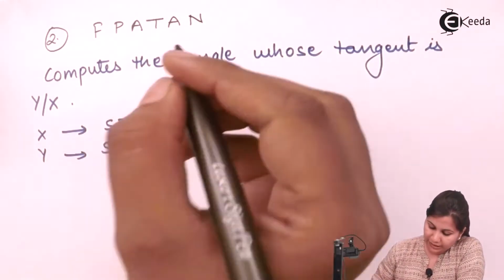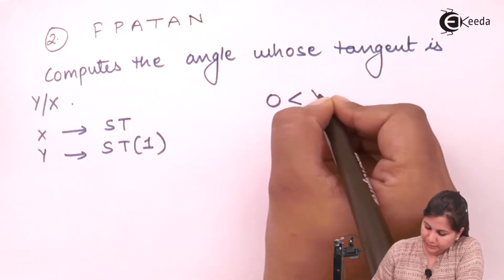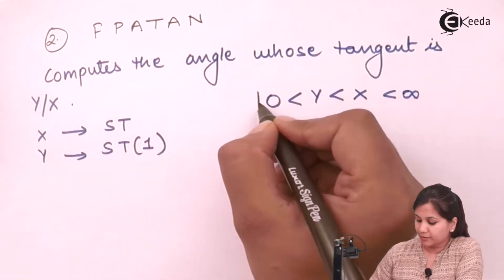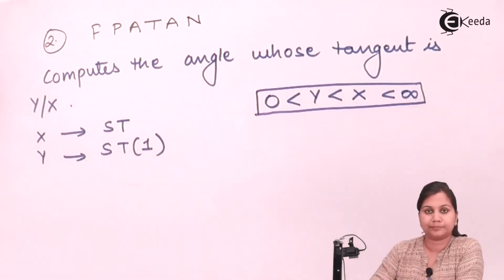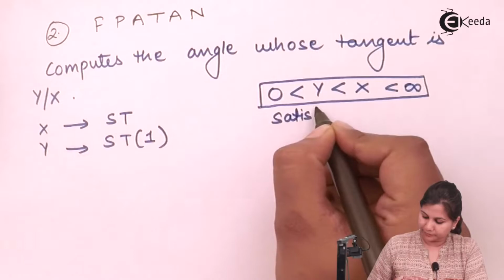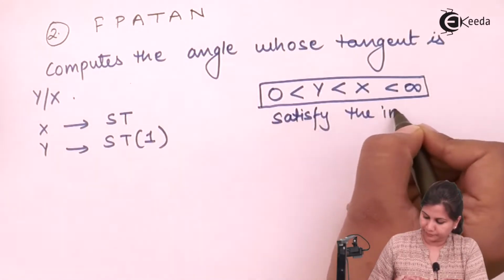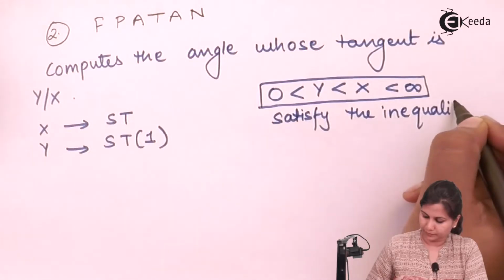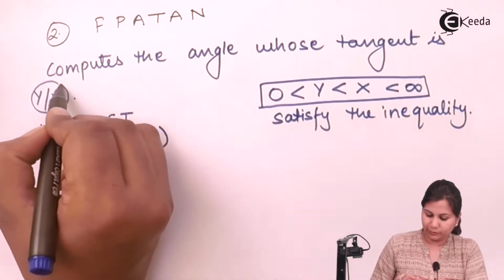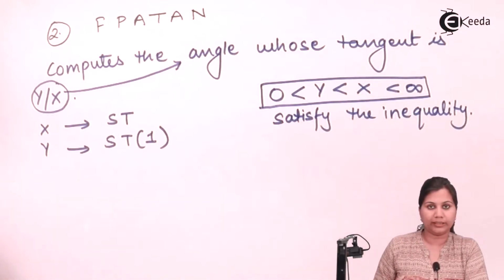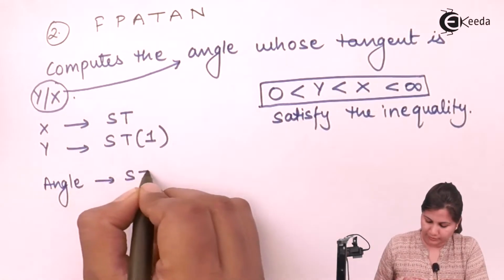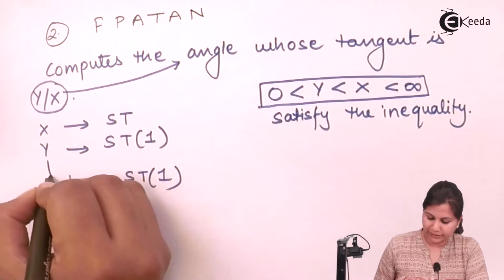Now x and y must also satisfy this inequality. When this ratio y by x is calculated, the angle is calculated for this ratio. This angle is stored at ST1, which means it is going to replace the y.